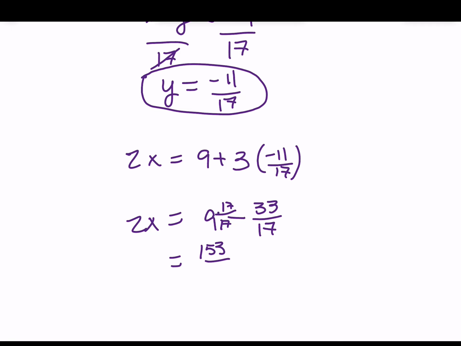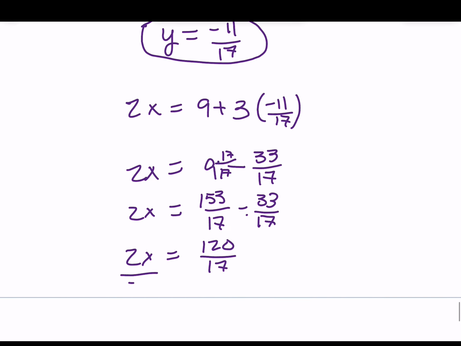9 times 17 is 153 over 17 minus 33 over 17. And that's 2x. So 2x is equal to 153 minus 33, which is 120 over 17.